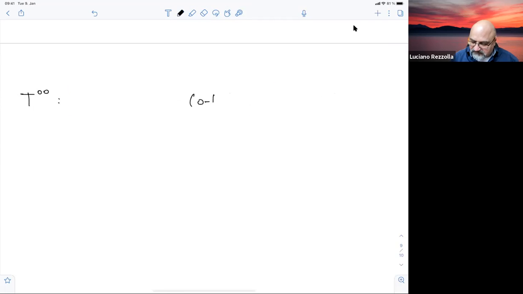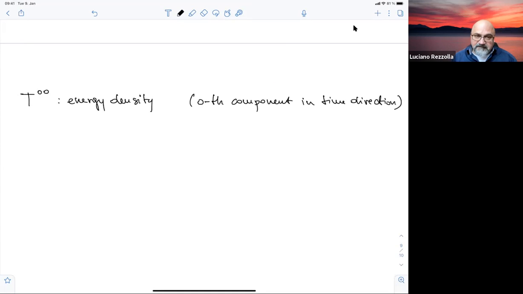This would be the 0th momentum component in the time direction, and this is just the energy density. Because if you think about it, this is the flux of momentum in the time direction, and the 0th component of the momentum is the energy.